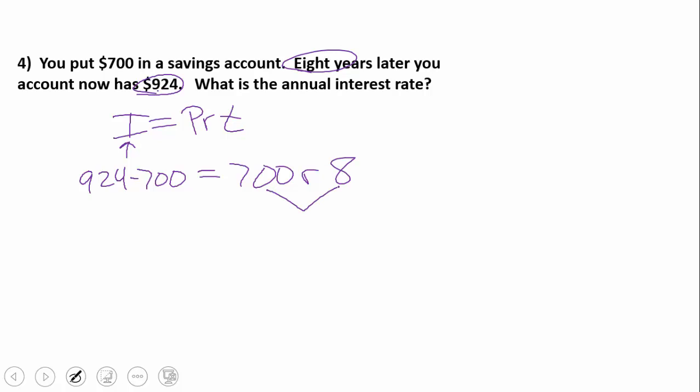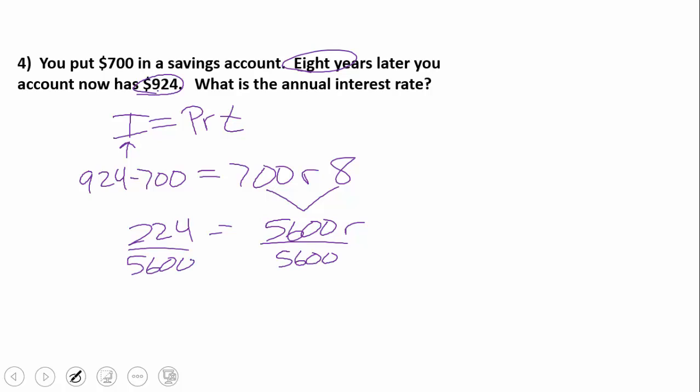When I multiply here, I have 700 times 8, which happens to be 5,600 R. And 924 minus 700 is 224. And then I divide by 5,600. And my interest rate is equal to 0.04, which is a 4% interest rate.